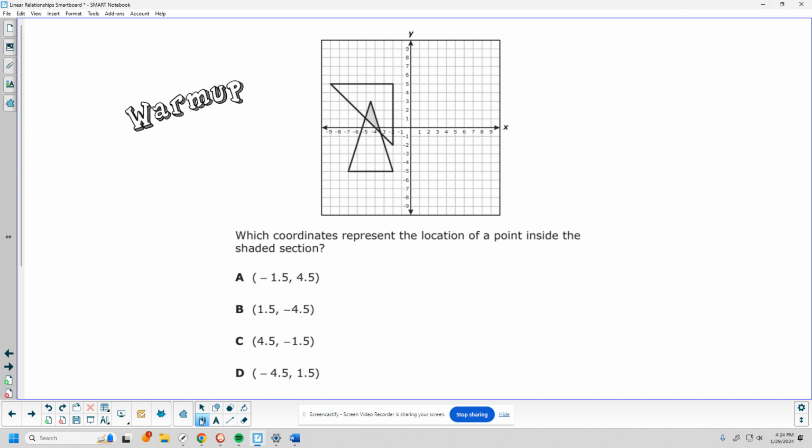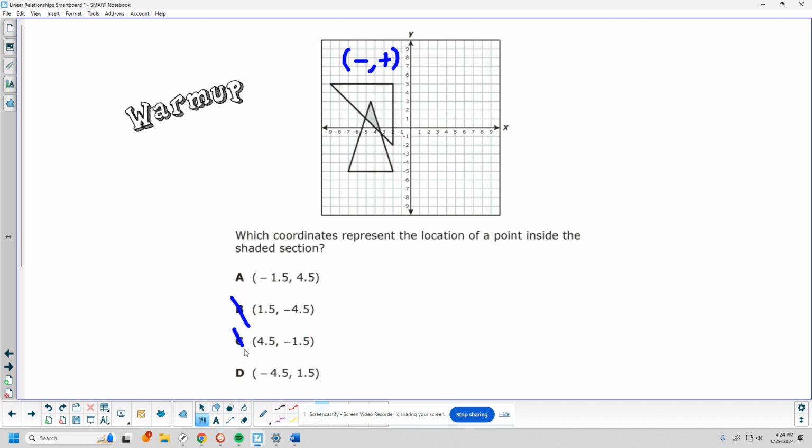All right, so one thing we can do to figure this out is think about when you're in quadrant 2, which is where the shaded part is, that means that the x numbers are negative and the y numbers are positive. So that means I know I'm going to have a negative number first and a positive number second. So B, that doesn't look like it's in quadrant 2.